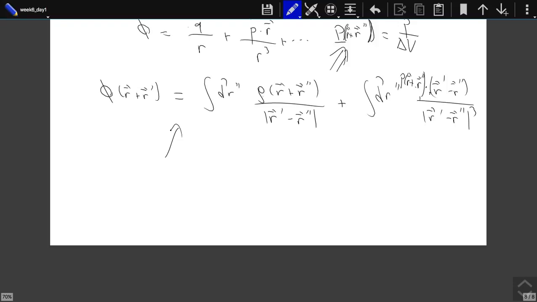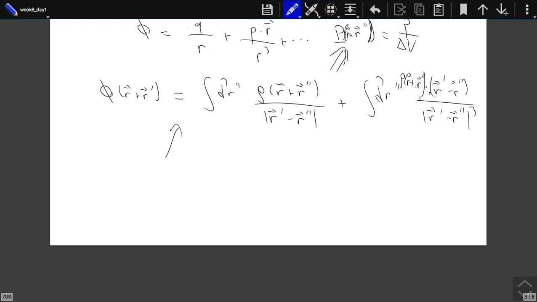As you say, r prime is fixed, we are looking at the potential at the point r plus r prime, so we choose that point first. Then to that potential there are many contributions from many different patches located at r double prime relative to the center of my volume V prime, and I have to sum them all up. Of course, their contributions will be different.